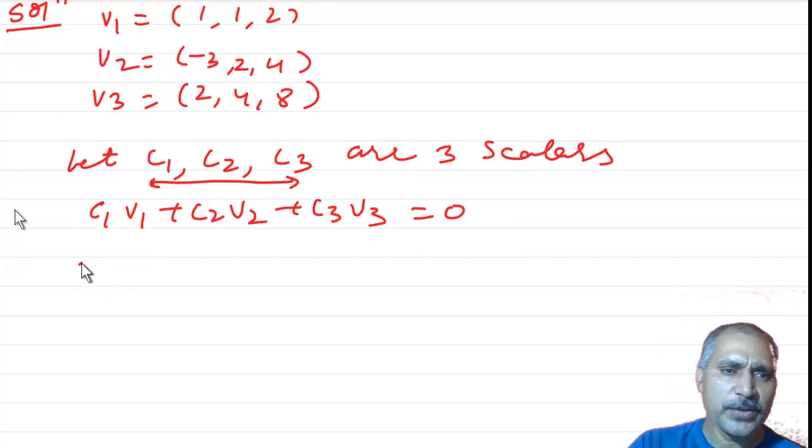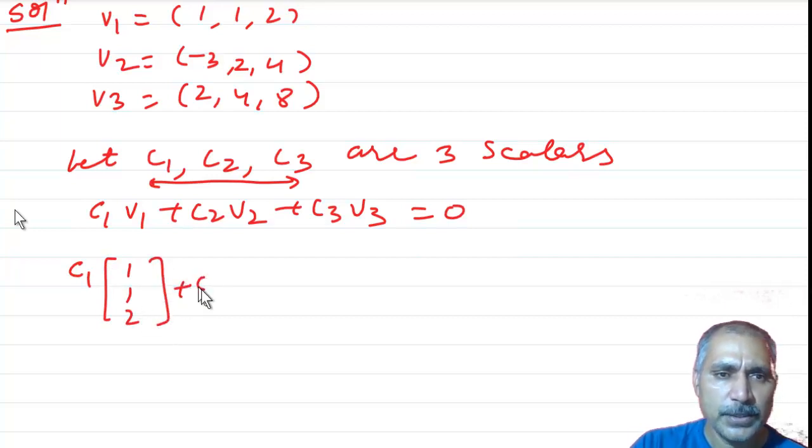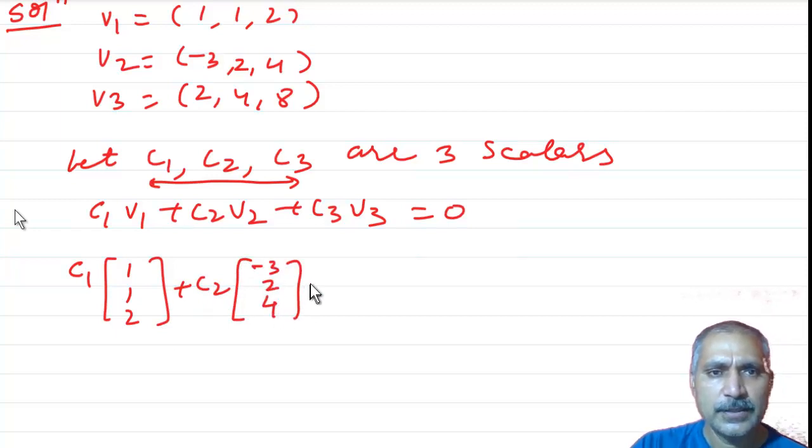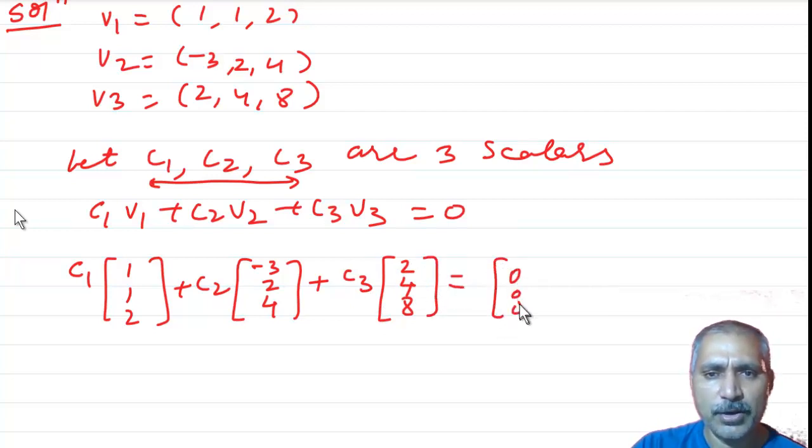So what we do, we will write C1 into the V1 vector in column format, 1, 1, and 2, plus C2 into the second vector, that is -3, 2, and 4, then plus C3 into the third vector, that is 2, 4, and 8. And we will be comparing that with the 0 vector of the same order. Is it clear?